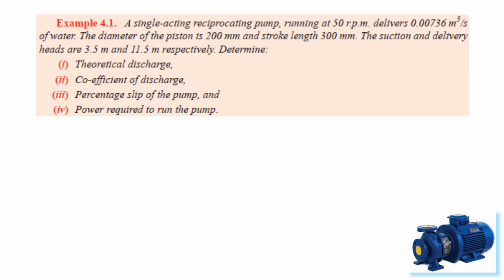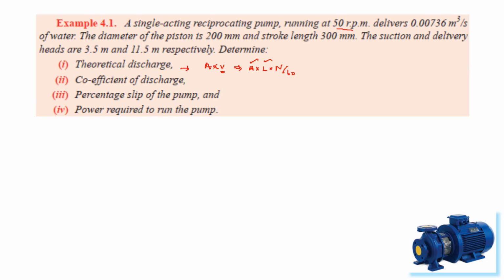So what is the formula for theoretical discharge? Theoretical discharge is nothing but area into velocity. To calculate the velocity, we multiply stroke length by speed divided by 60. Here the diameter of the piston is given so that you can find the area. The stroke length L is given, and the pump is running at 50 rpm; convert it into seconds, that is rps.